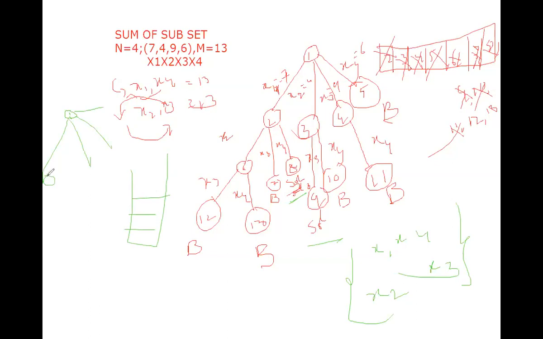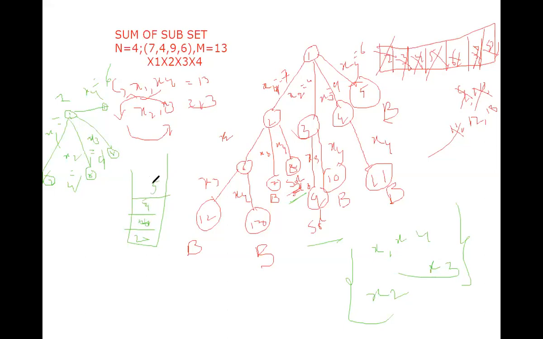That is node number 2, node number 3, node number 4, node number 5. So this is x1, x2, x3, x4. x1 equal to 7, x2 equal to 4, x3 equal to 9, x4 equal to 6. When we store the elements in the stack, 2, 3, 4, 5.